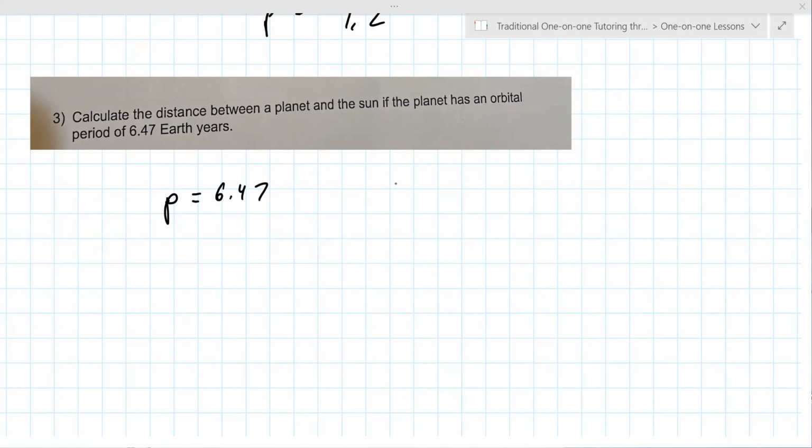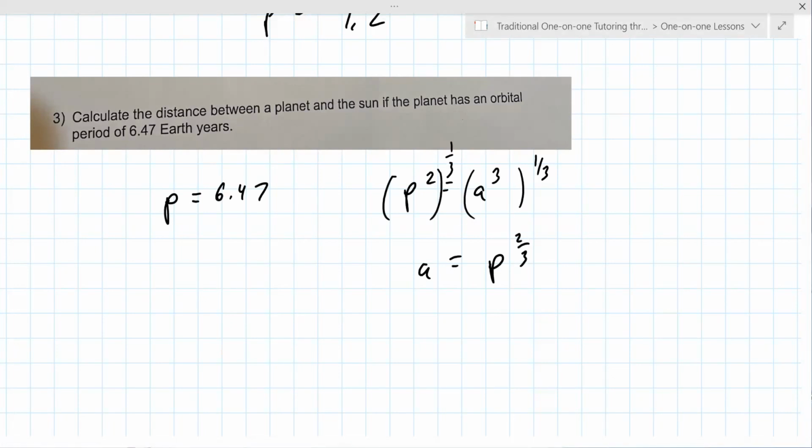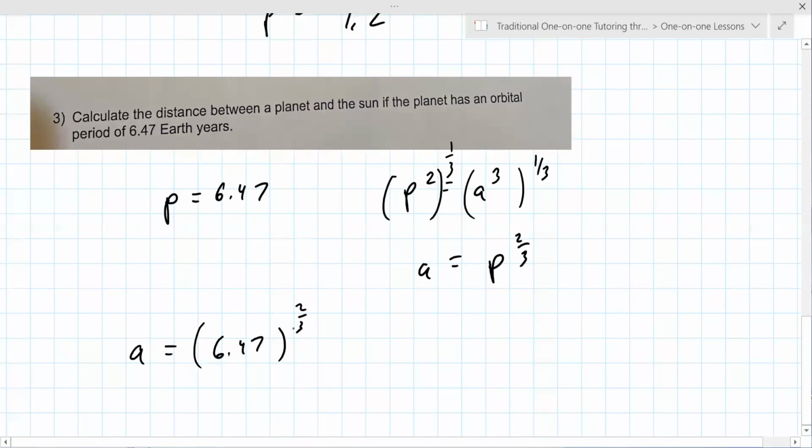Okay, so we're using the same formula, P squared equals A cubed. So this time though, we're solving for A. So you take the 1/3 power on each side. So A equals P to the 2/3. So this time, A is going to equal 6.47 to the 2/3 power.